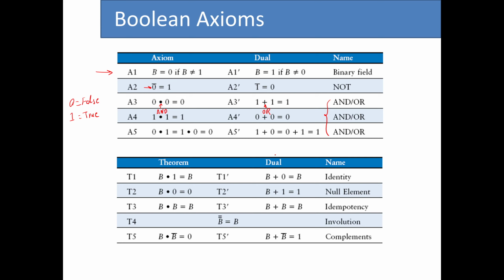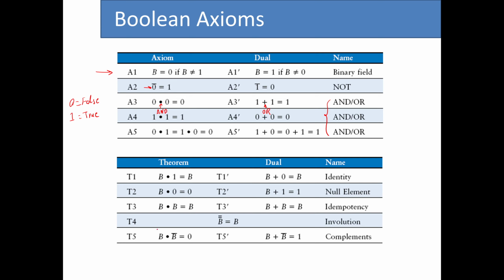Now, based on these axioms, we can derive some simple theorems. In these theorems, which I listed here from T1 to T5, we have introduced a variable named b, which is either ANDed or ORed with 0, 1, or itself.